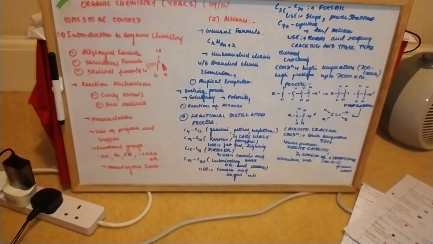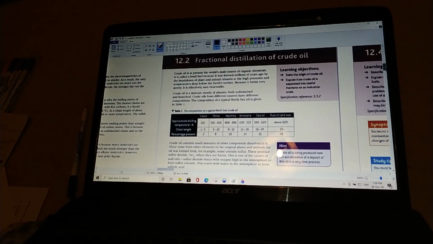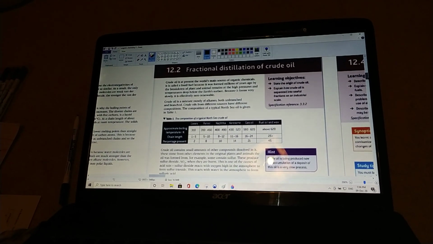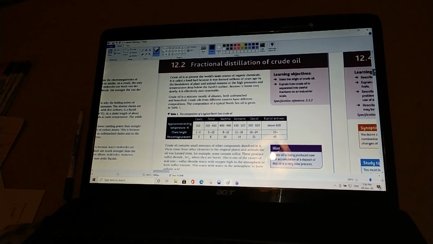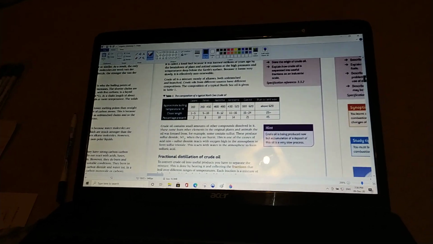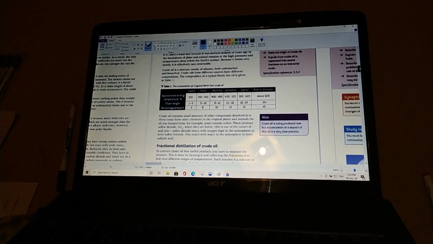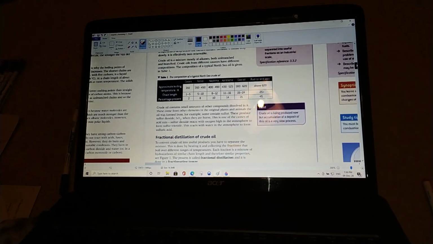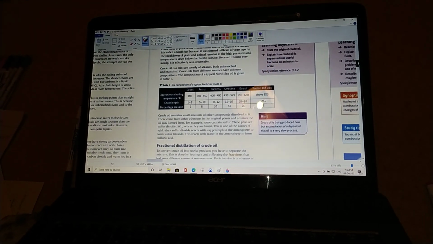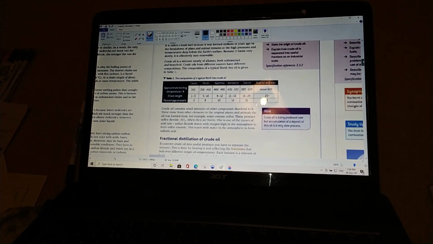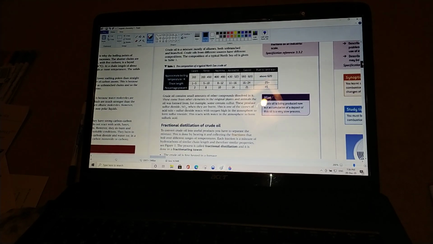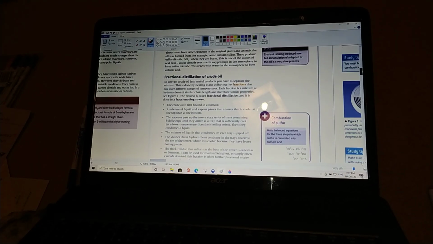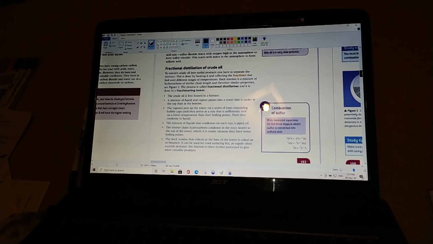Fractional distillation of crude oil. Here we refer to the process of fractional distillation and how it occurs.